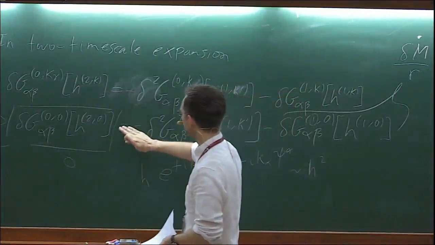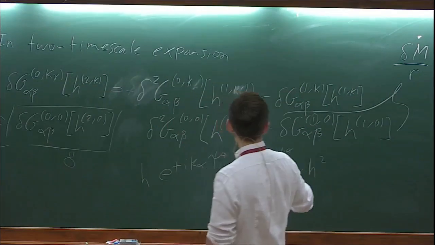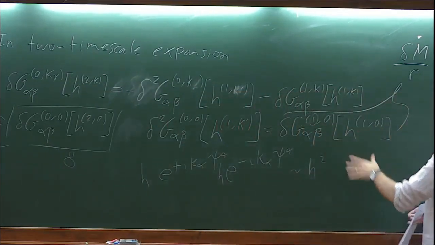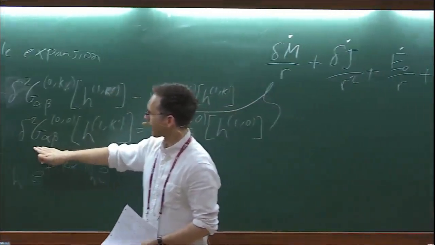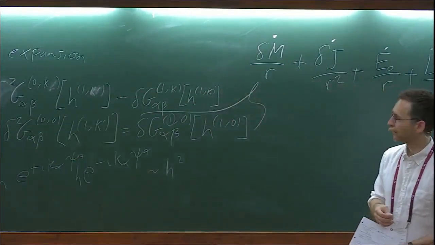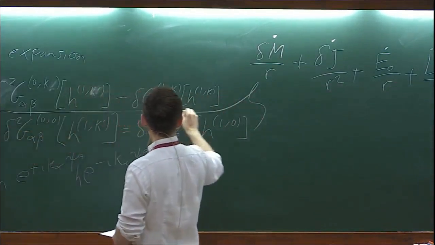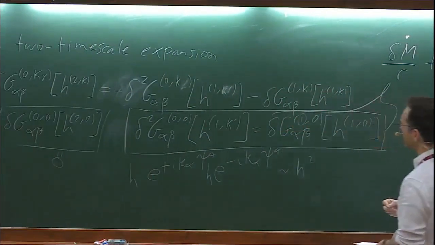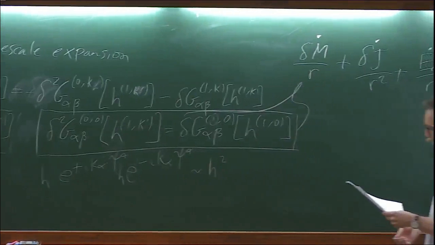So what you get is that the slow variations of the system are just driven by the zero frequency part of what I was calling the effective stress energy tensor of the gravitational waves. So I'm being very schematic here. You have to actually go through a detailed calculation to see why this works. But this is the basic idea.